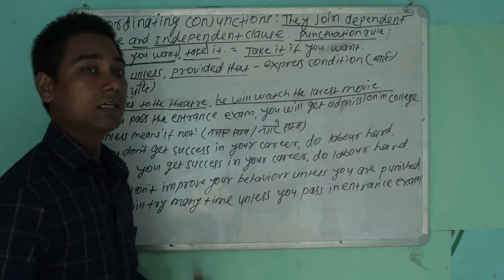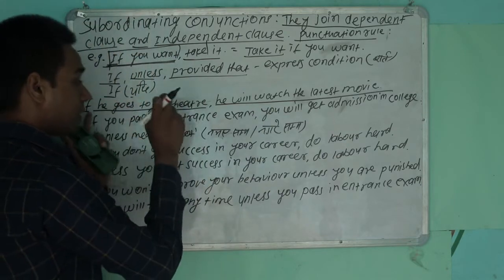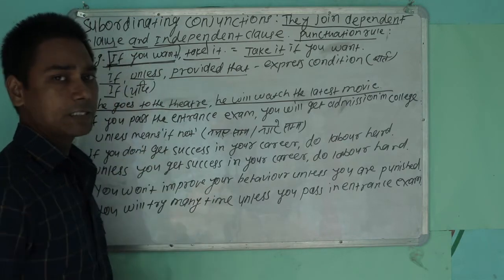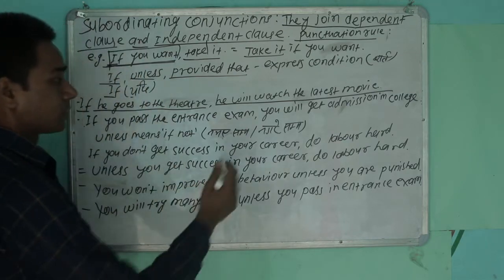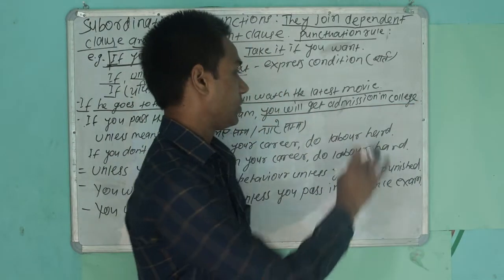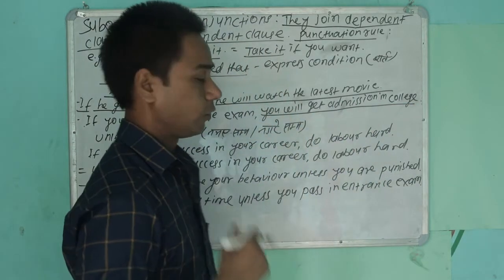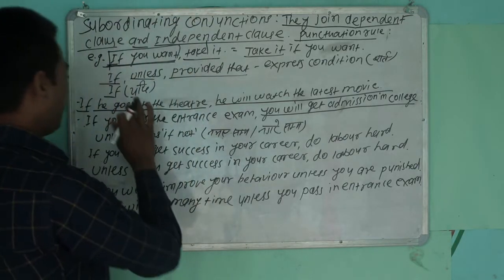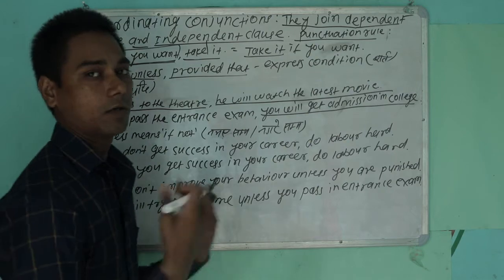If you pass the entrance exam, you will get admission in college. This is the result. So my dear students, I would like to tell you, if always expresses condition.